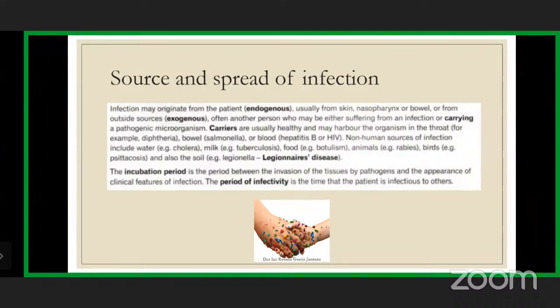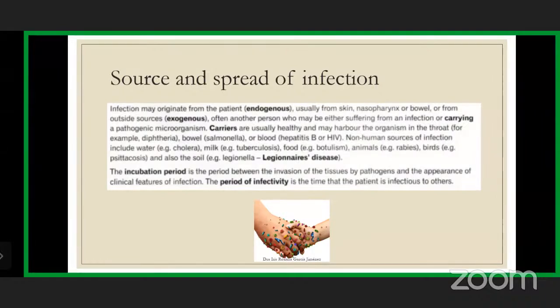Carriers are usually healthy and may harbor the organism in the throat, for example diphtheria, bowel, salmonella, or blood, hepatitis B or HIV. Non-human sources of infection include water, for example cholera, milk, for example tuberculosis, food, botulism, animals, rabies, birds, psittacosis, and also the soil, Legionella, the Legionnaires' disease.